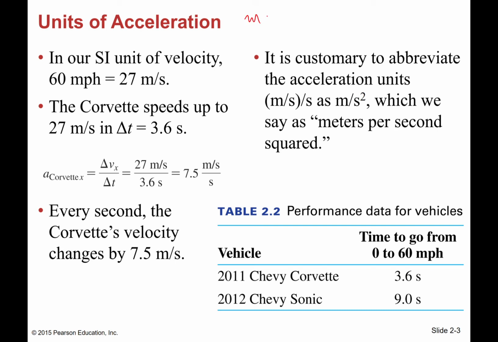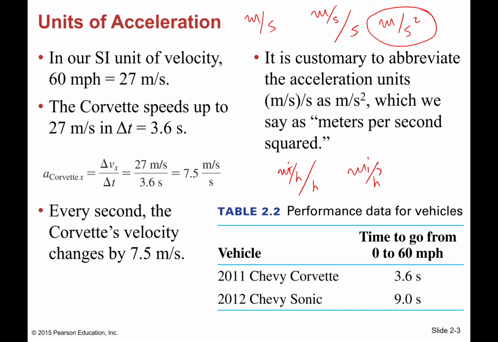Then the units of acceleration would be meters per second every second, or meters per second squared. That is the way we write out the units for acceleration. If you're writing in miles per hour, it will be miles per hour every hour, or miles per hour squared. So that is the units of acceleration.